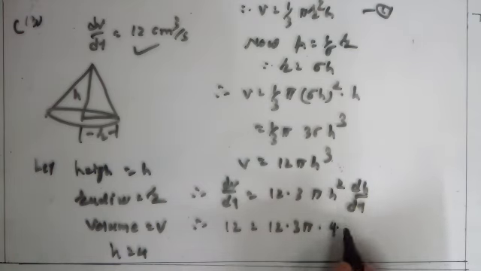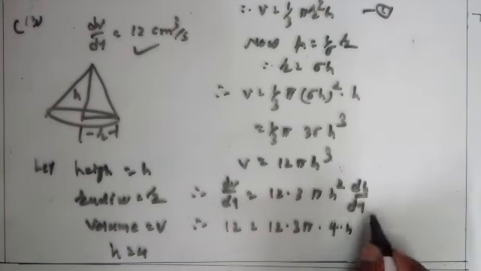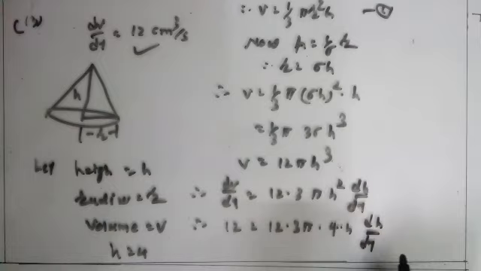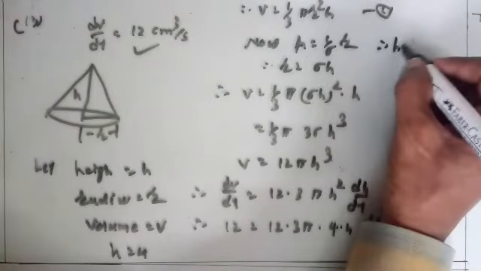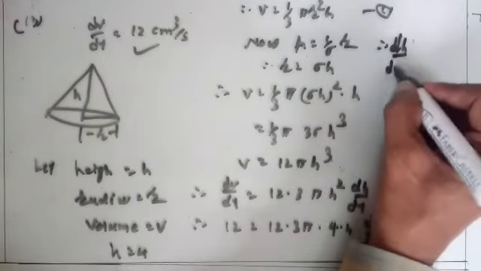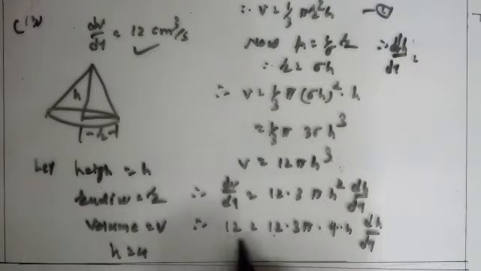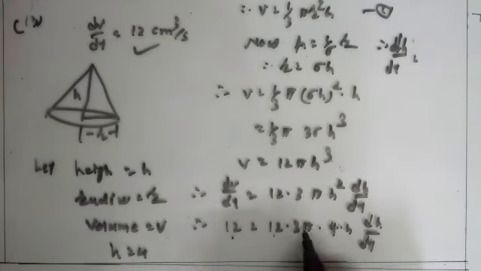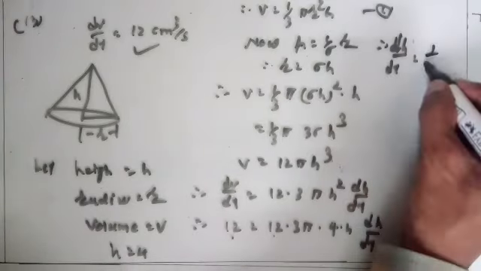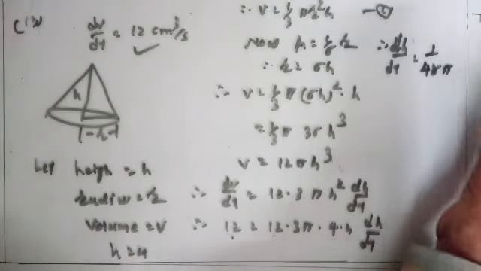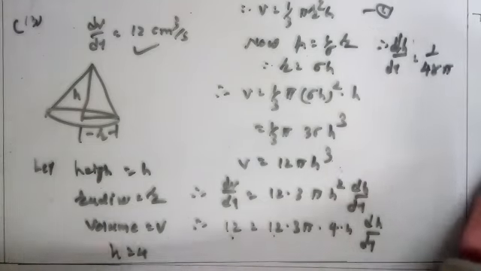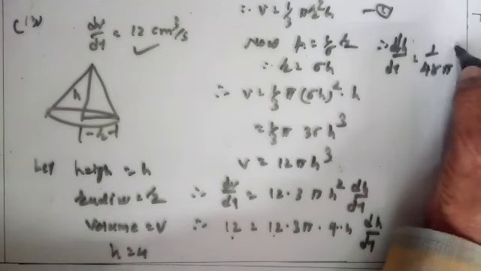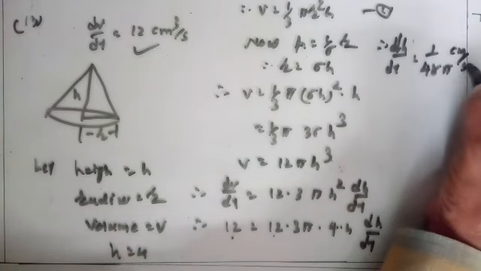So 4 square is 4 into 4, into dh/dt. Clear this? Now simplification: dh/dt is equal to 12, cancel from both sides. Here 4 into 4 is 16, 16 into 3 is 48. 48 pi, take this side, so it becomes 1 upon 48 pi. Clear? This is the rate of change of height, in cm per second. Clear?